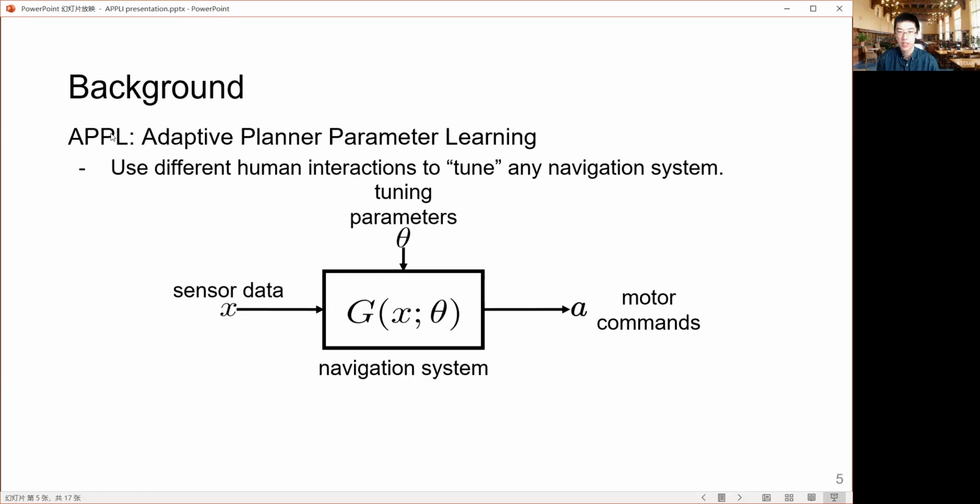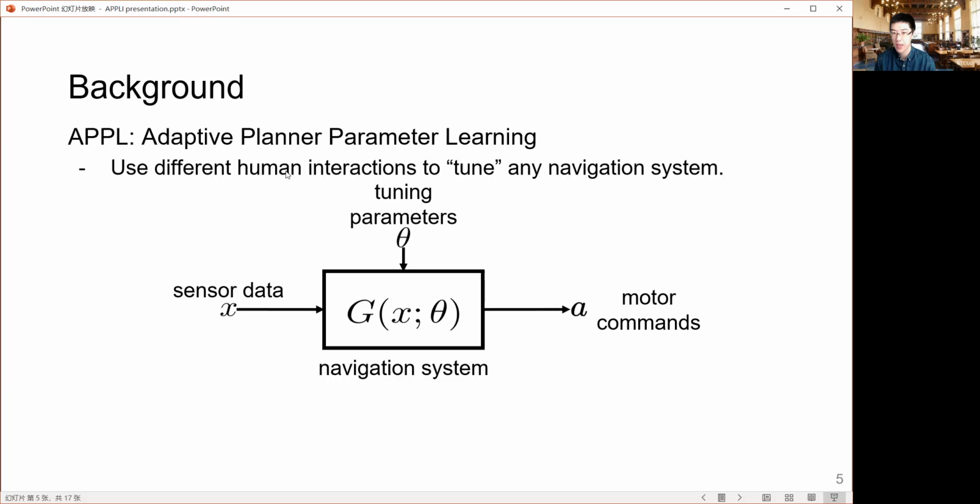Another important background is our series of work, APPLI, Adaptive Planner Parameter Learning. We all know the navigation system takes the sensor data and uses its own algorithm with some parameters and generates the motion commands.